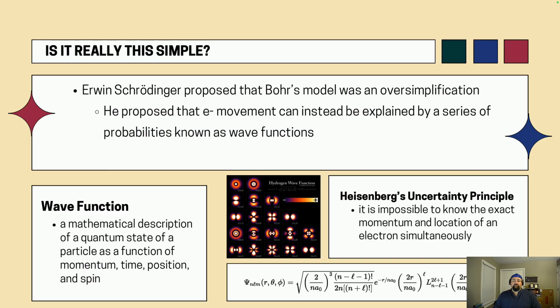And so that would be a particle as a function of four things: momentum, time, position, and spin. Or where is it going, where is it at in time, and where is it at in space, the position, and then how's it spinning?